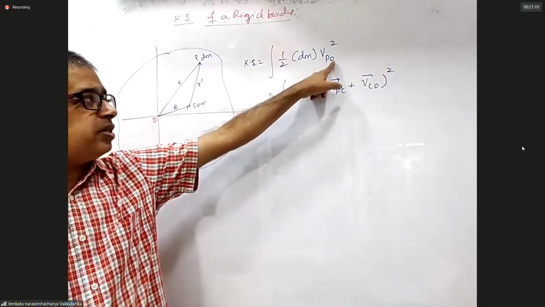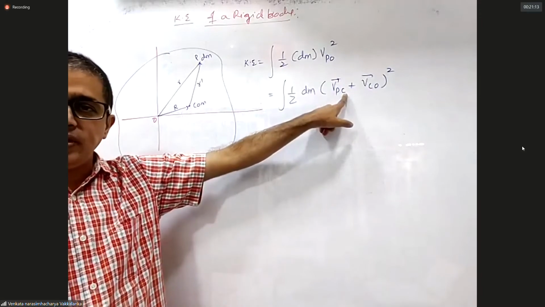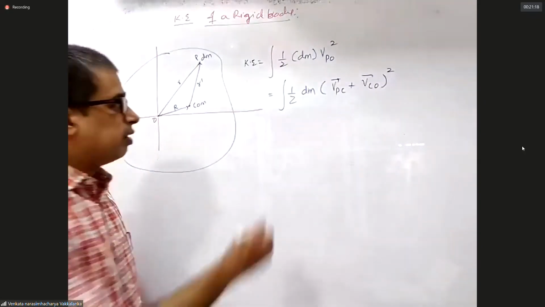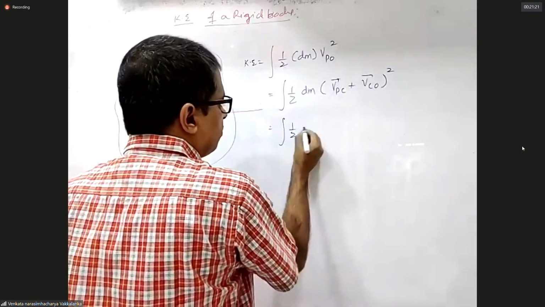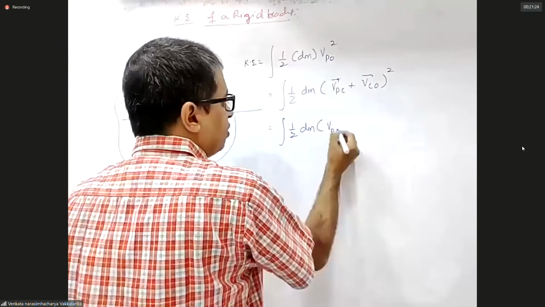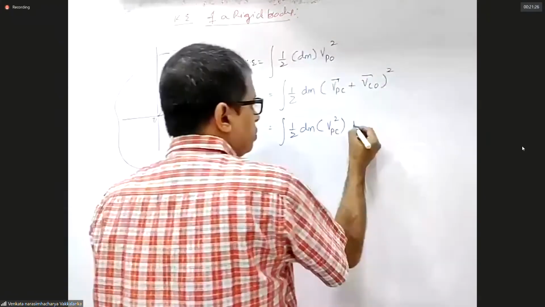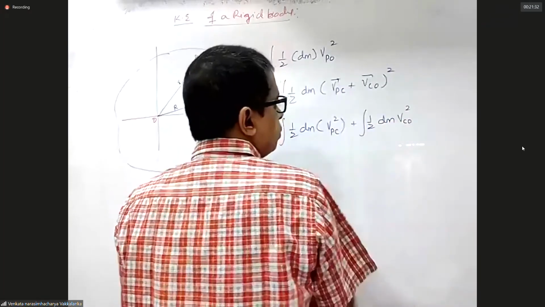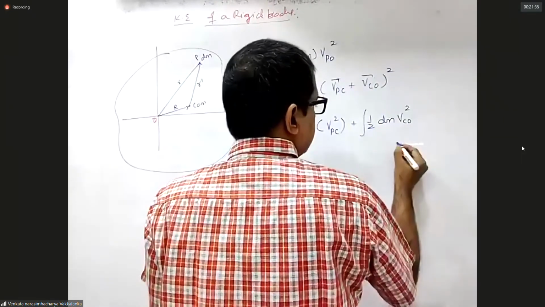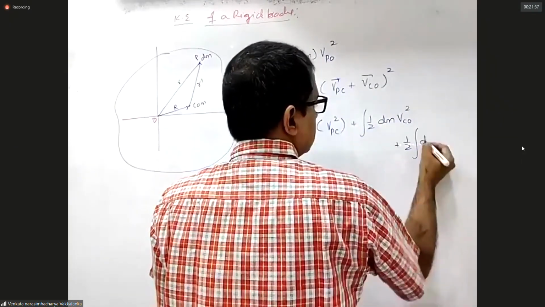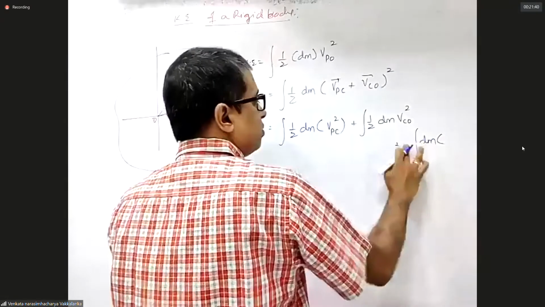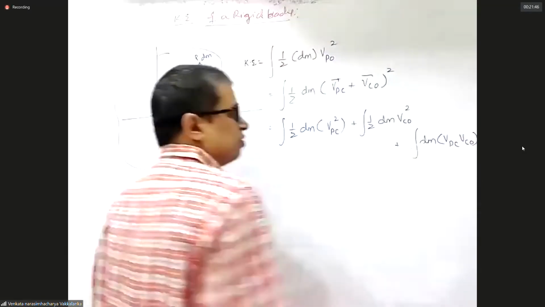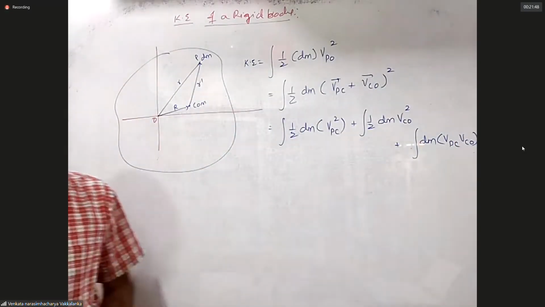The velocity of point P with respect to O is the velocity of point P with respect to center of mass plus the velocity of center of mass with respect to O. So, half dm velocity of point P with respect to center of mass whole square, plus half dm velocity of C with respect to O whole square, plus half dm times 2 times the velocity of point P with respect to center of mass times the velocity of C with respect to O. What have I done?